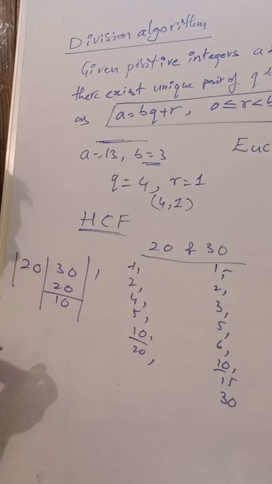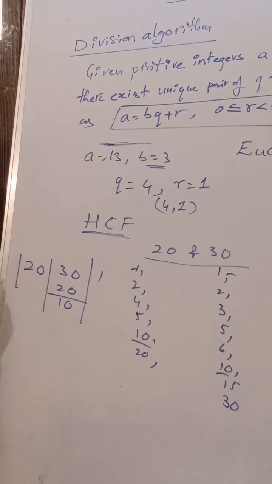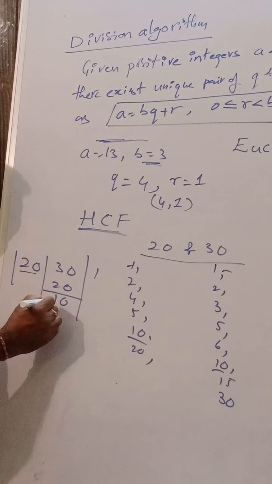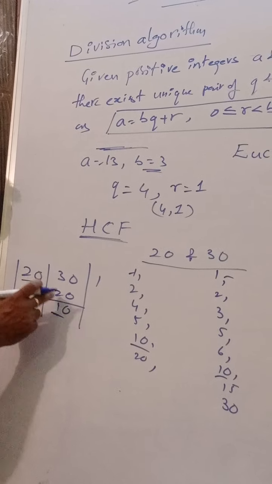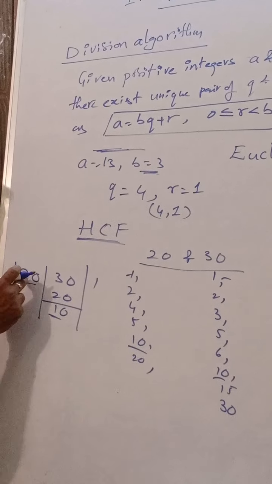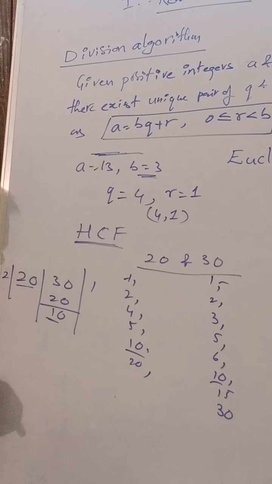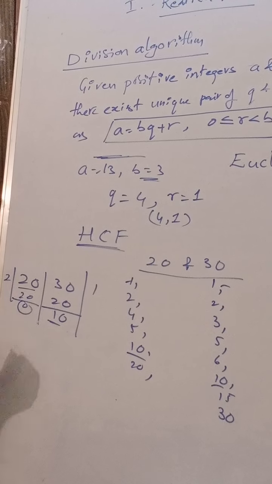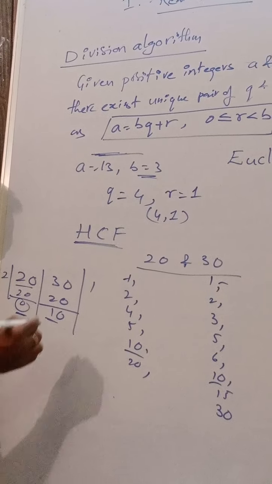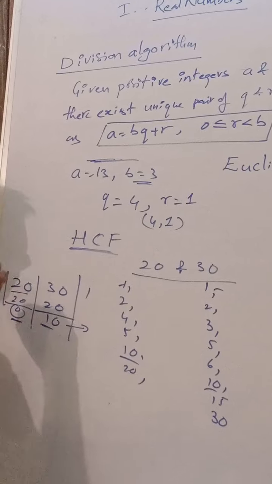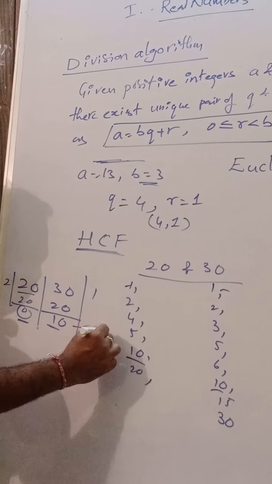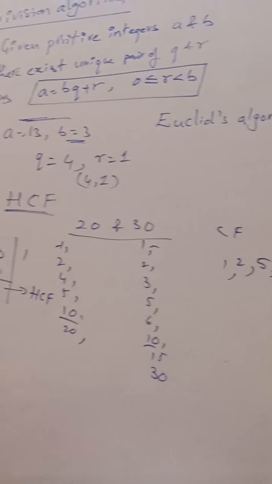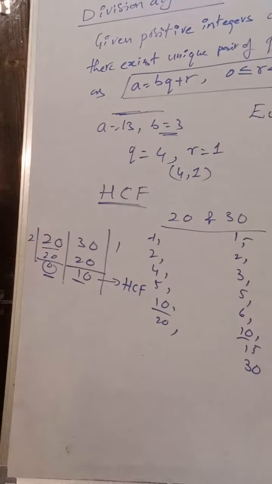In the second step, the new dividend is 20. The previous remainder becomes the divisor. Now we divide 20 by 10. 10 twos are 20. The remainder is 0. Where the remainder becomes 0, that divisor is called the HCF. Here 10 is the HCF of 20 and 30.